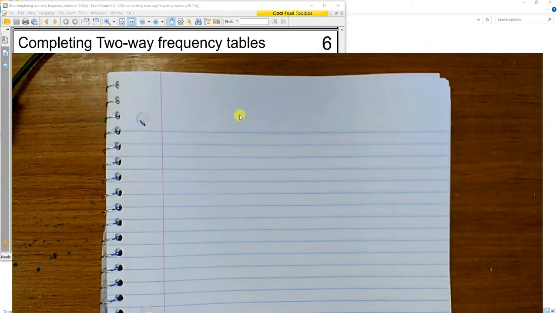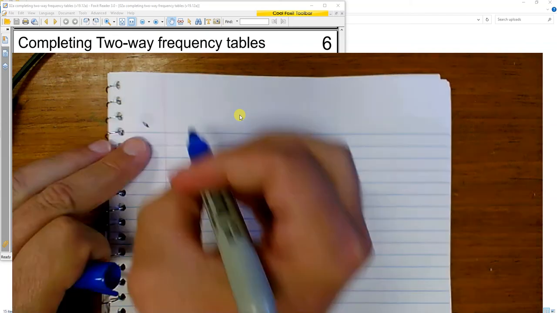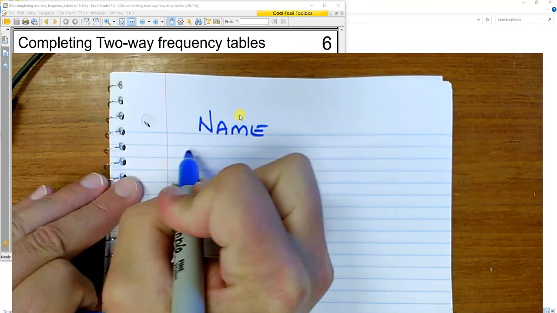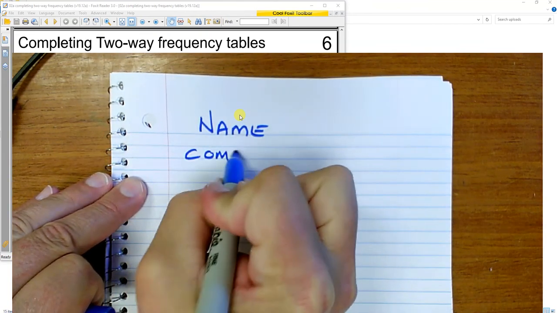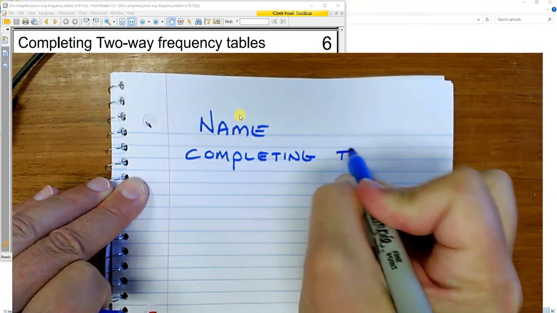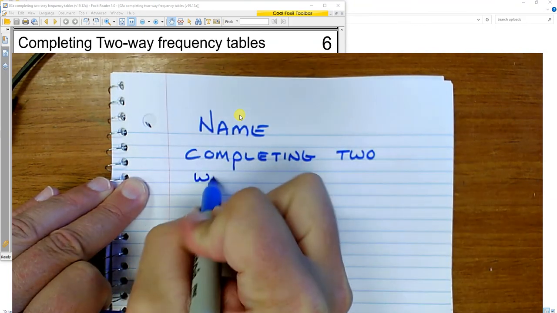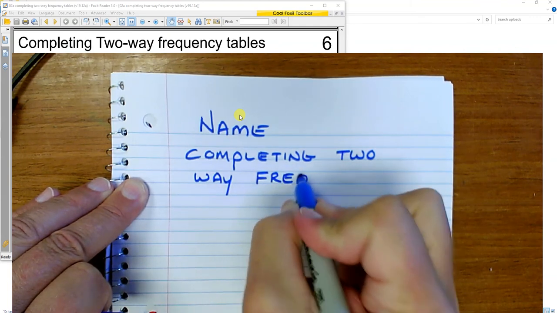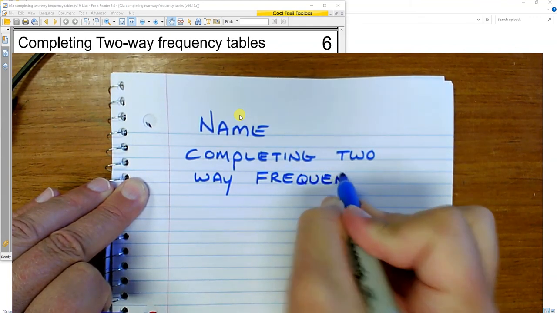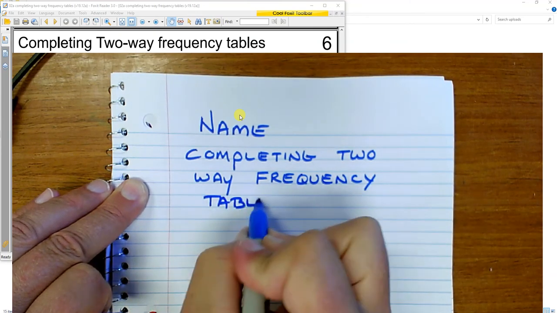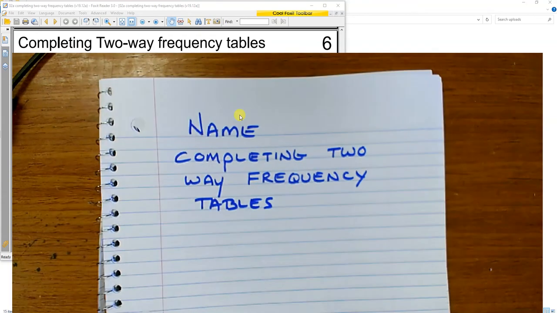And completing two-way frequency tables.